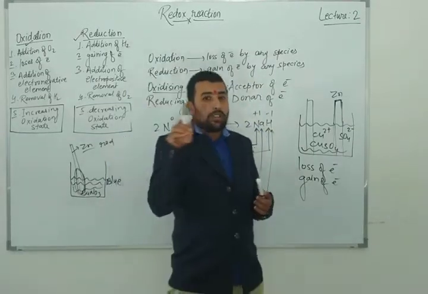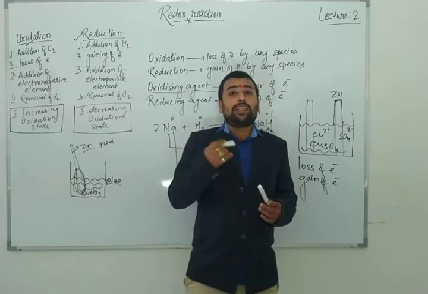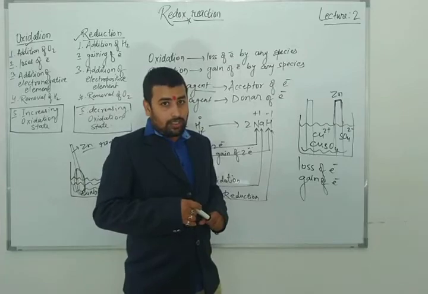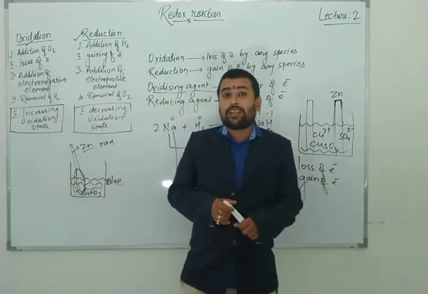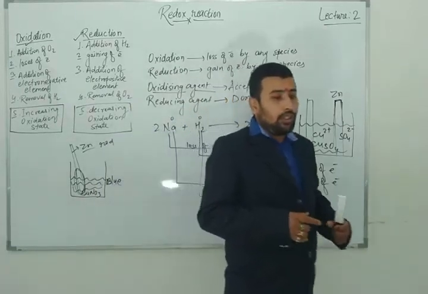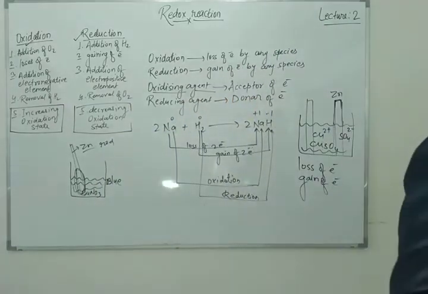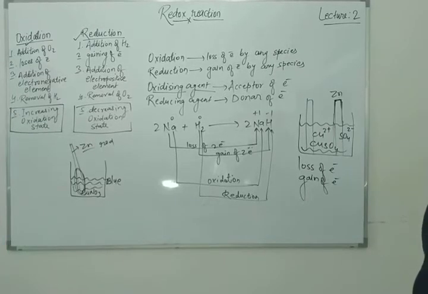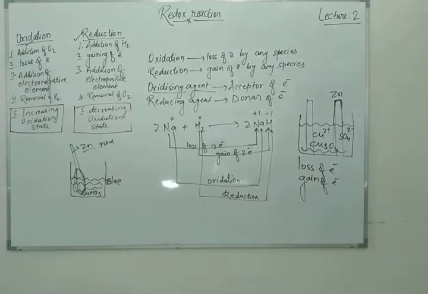So hydrogen was the main term. Here we will discuss the electrode potentials: which element can gain electrons, which element can lose electrons. These are all the things we are going to understand in this topic. So in the reaction you will see that there will be a loss of electrons to form zinc 2 plus, therefore zinc is oxidized, and when there will be a loss of copper 2 plus, it means copper has disappeared.